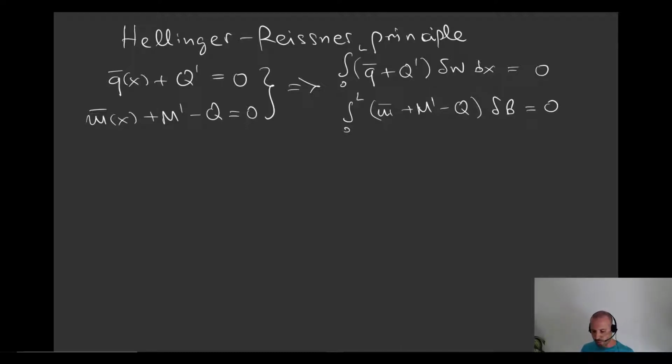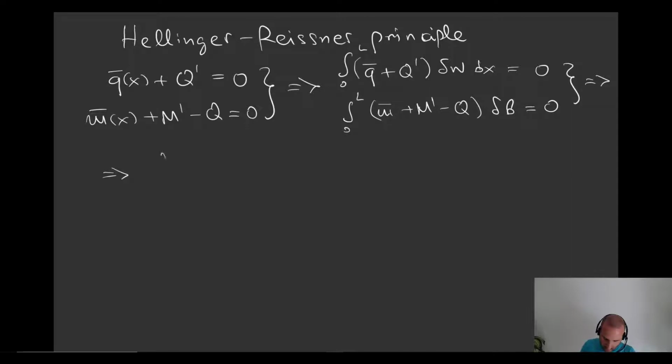Now we have these two conditions, and please recall, because these two test functions, the variation of the vertical deflection and the variation of the cross-sectional rotation, are independent variations from each other, we can actually go ahead and sum up those two equations. And this will lead us into the following form.